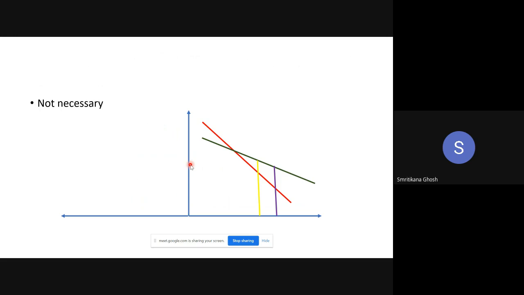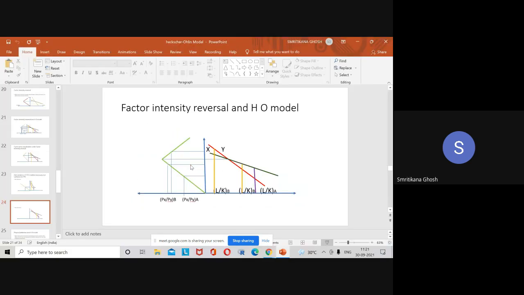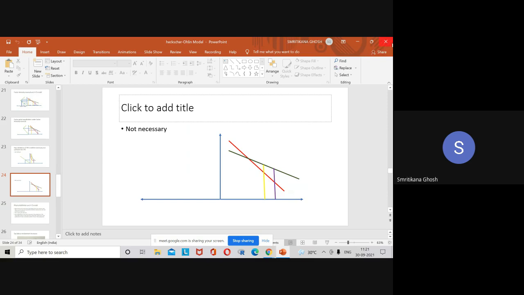I will have the next class in the next week, so you will get the new timetable. Probably you may have the new timetable now. If there is a double period next week, then hopefully I can finish the overall discussion on the HO model, because it will be 2 hours.